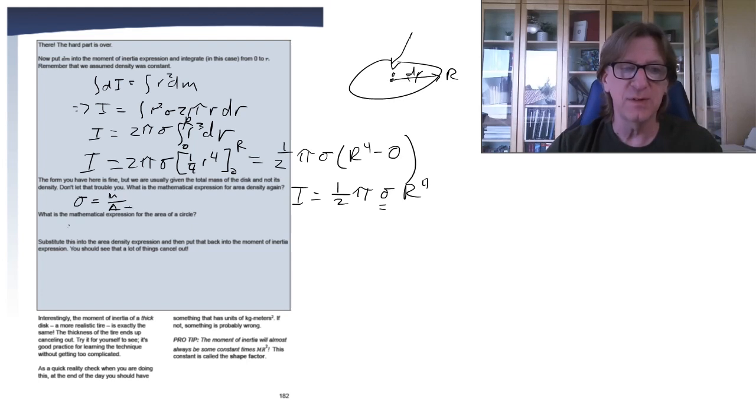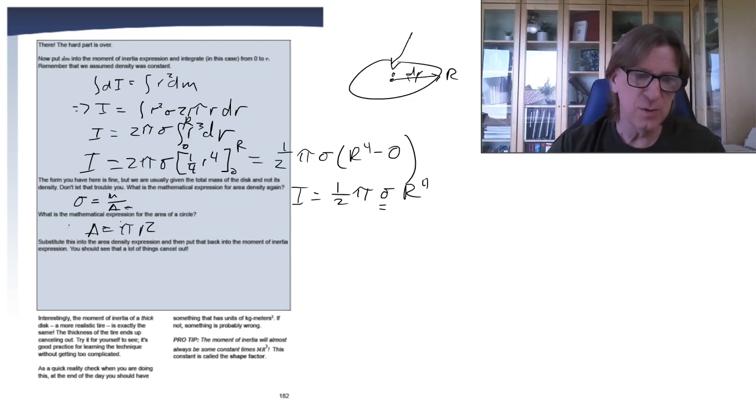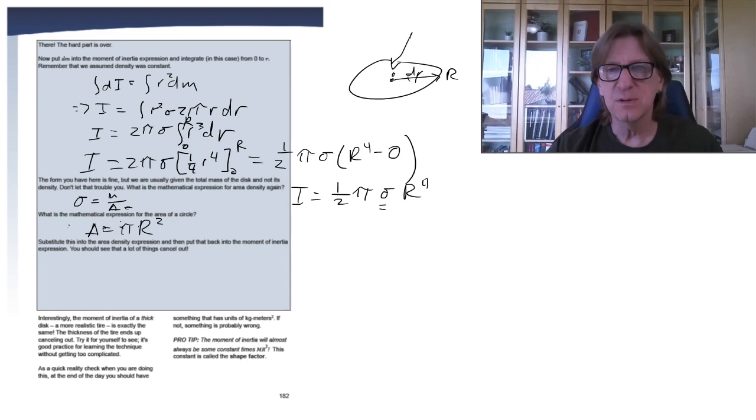So I need to fill in my A here. What's the expression for the area of a circle? Hopefully you remember this from geometry, but it's just going to be pi r squared. In this case, though, it's going to be capital R, right? Because I need the area all the way out to the edge, the area of the entire disk.